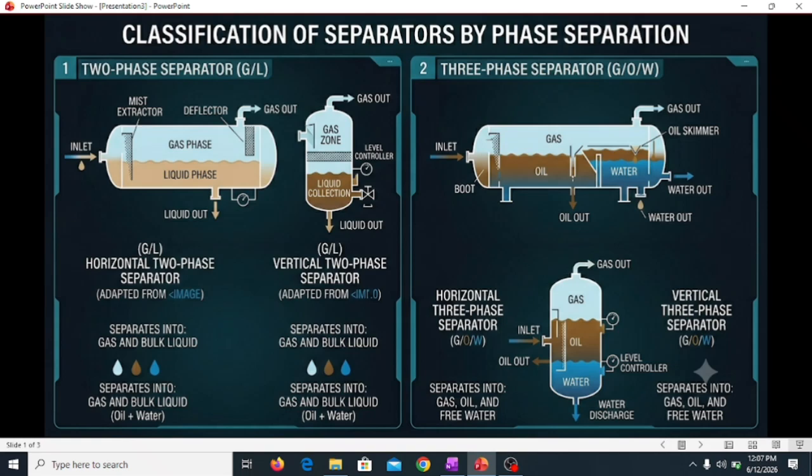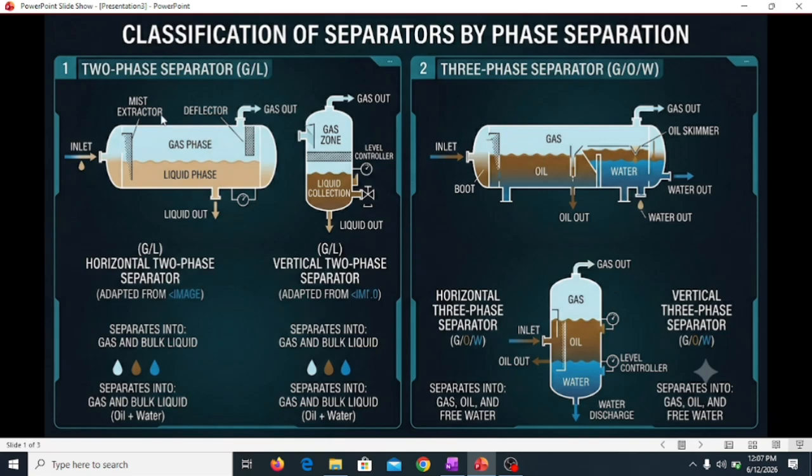So when you see a vertical separator in the industry and you see a horizontal separator, what will come to your mind? Is this a two-phase separator or a three-phase separator?